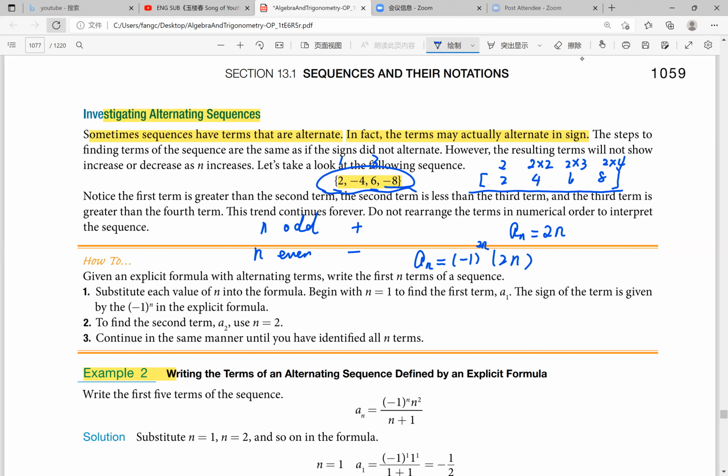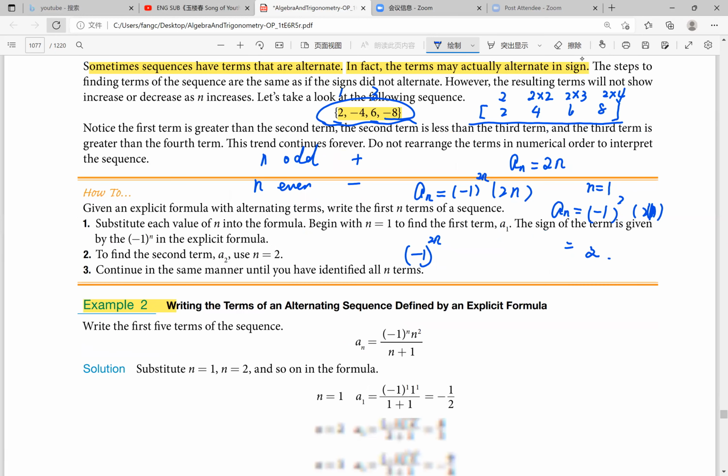Now we can tell when n equals 1, an equals -1 to the power of 2 times 1, which is 2, times 2 times 1. So it's a positive 2. So by using -1 to the power of 2n, we can make the terms alternate in sign. Okay, that is a tip or technique.